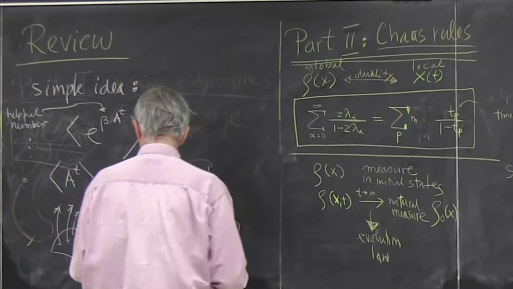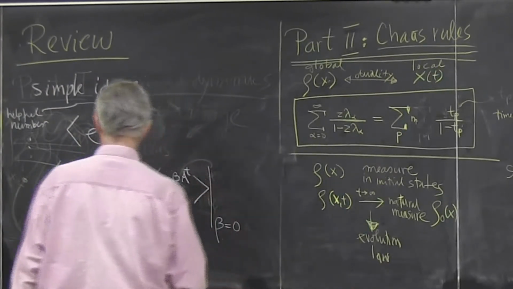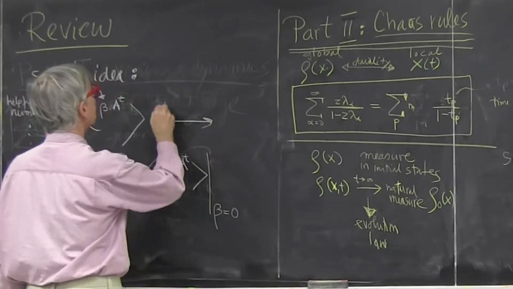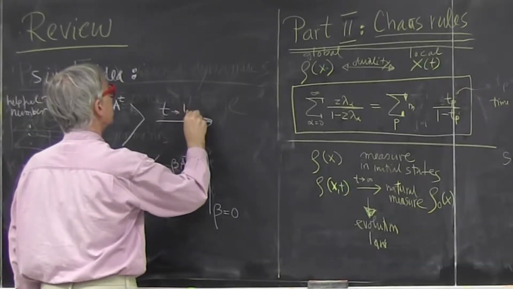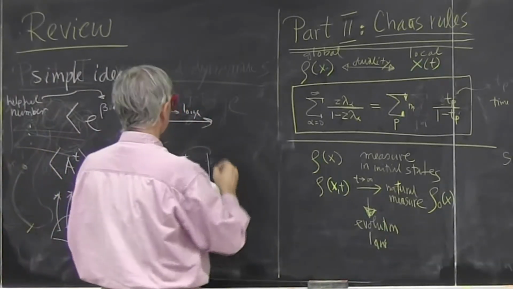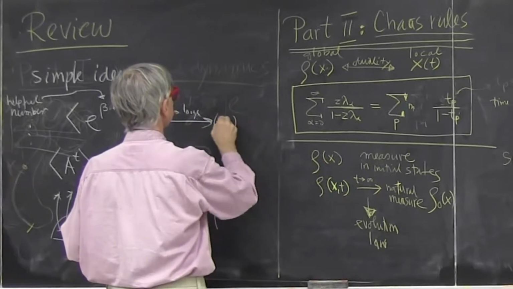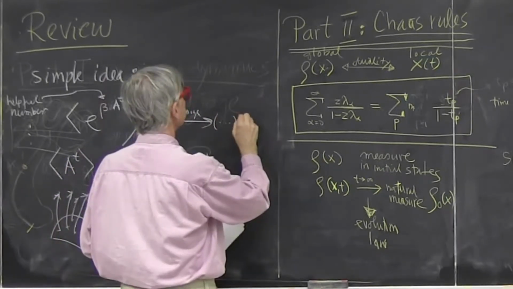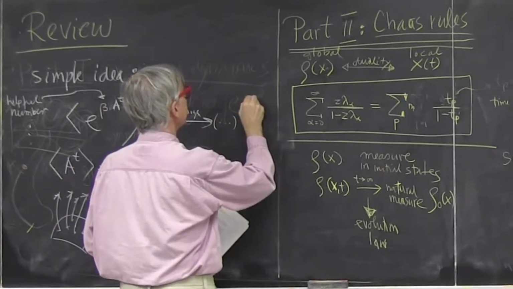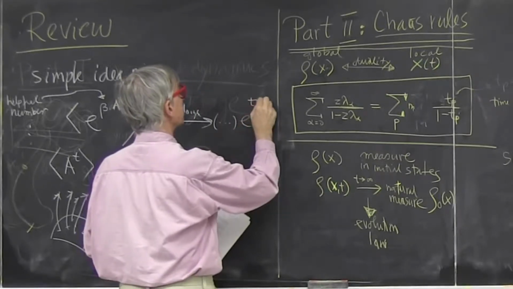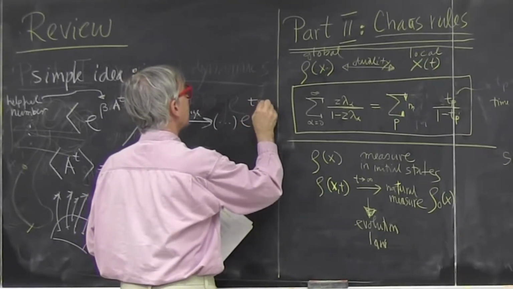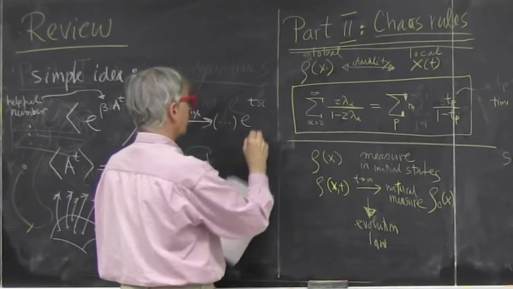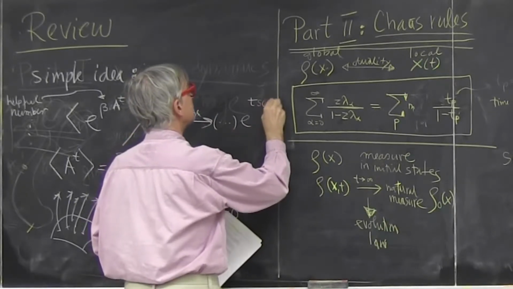So what I expect is that this object, as time gets large, will have some number, which won't be important to us, and then it'll be growing exponentially with time, with some coefficient that at the moment we don't know.